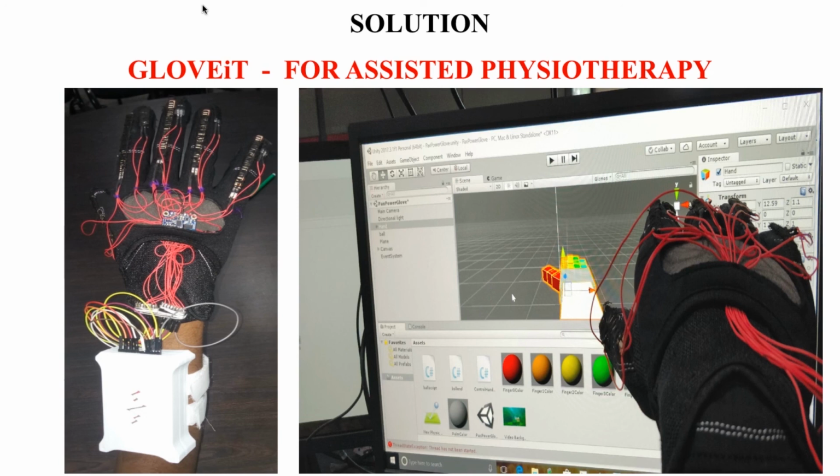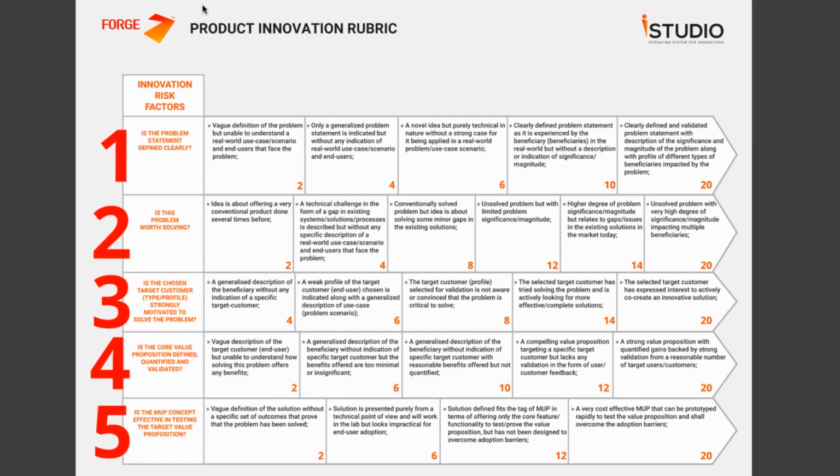This prototype helped them to collect real-time data from their target customer. Are you interested to take up this journey to solve a real world problem and come up with an innovative solution, an idea worth prototyping? As innovators, you come up with innovative ideas to solve real world problems.